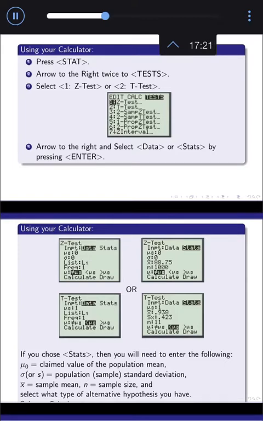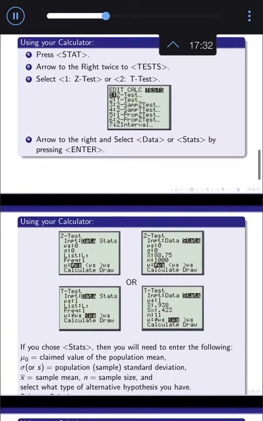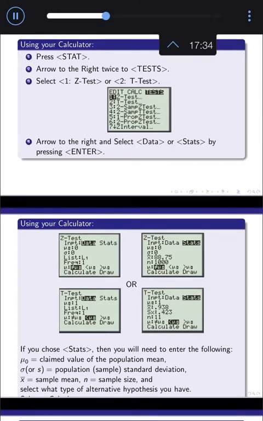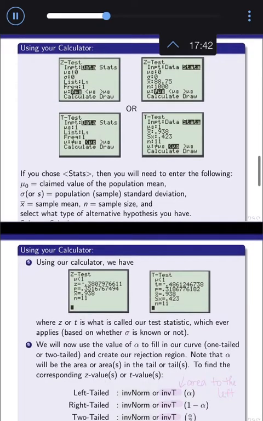Okay. How are we actually going to find the values that make up the rejection region? Well, we already said that we're going to use alpha to fill in the picture, the area in the tail or tails. Well, to work backwards to find a z value, we did this back in chapter 6 and in chapter 7.